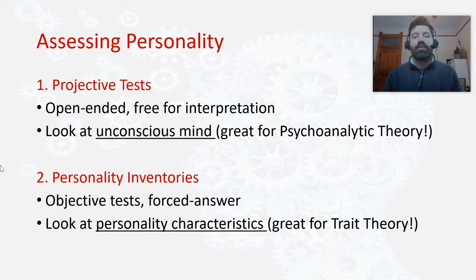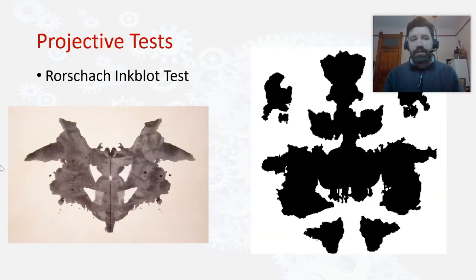So let's look at a couple of examples of projective tests. Perhaps the most famous projective test was developed by a guy named Herman Rorschach in 1920. These Rorschach tests are called inkblot tests. Rorschach created 10 plates with these ink blots on them.